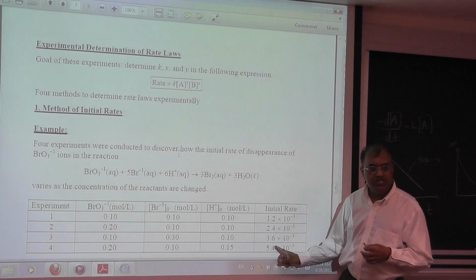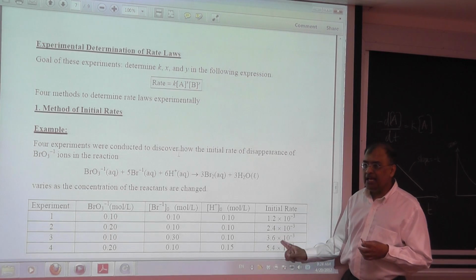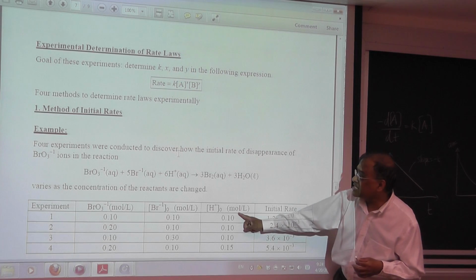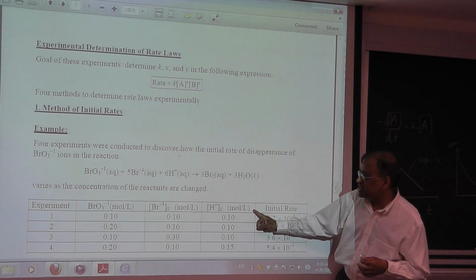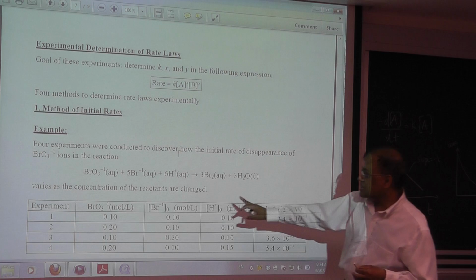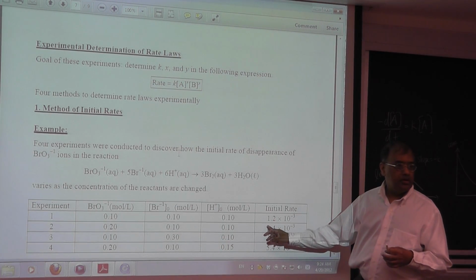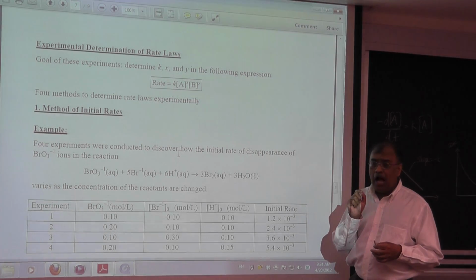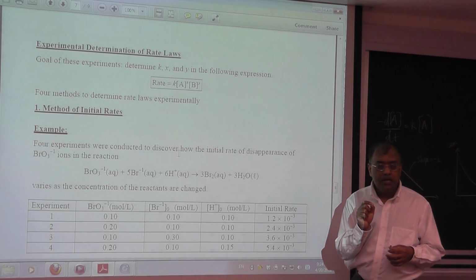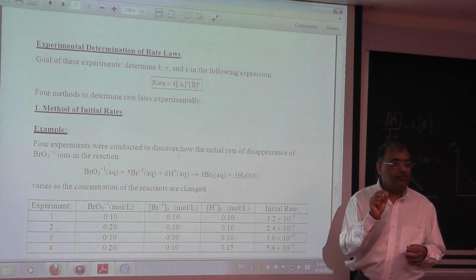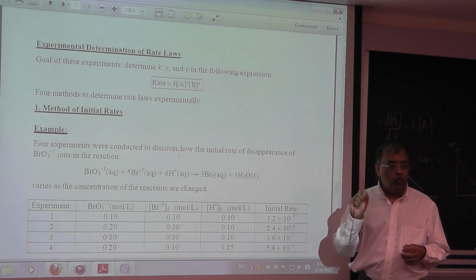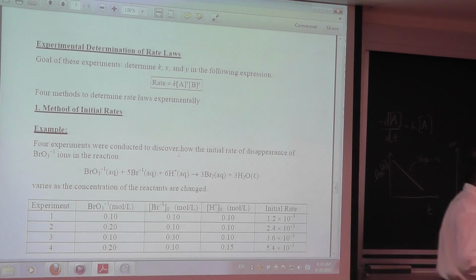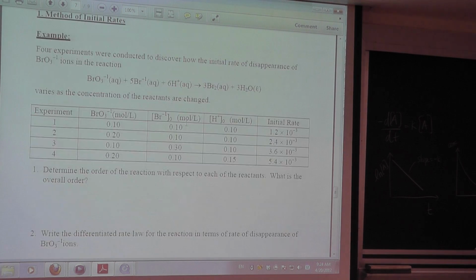This is all the information that you need to figure out K, X, and Y. Actually, in this case, it's going to be K, X, Y, and Z, because there are 3 reactants here. So I'm going to illustrate just how to calculate X, and then I'm going to ask you to figure out how to calculate K, Y, and Z at your leisure before you look at the notes that I will post.